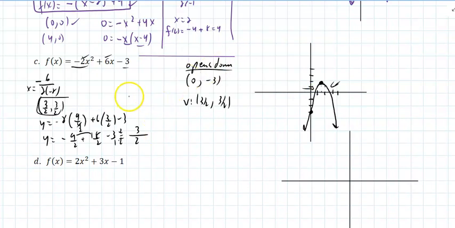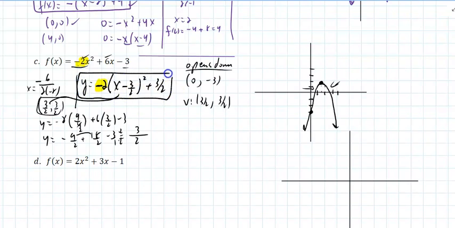So I'm going to go ahead and write it in standard form. Y equal, so notice that's the only number that's matching x, the opposite of that. That's the standard equation of the parabola.